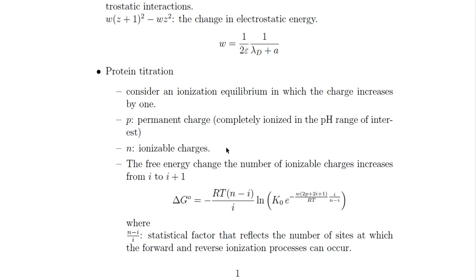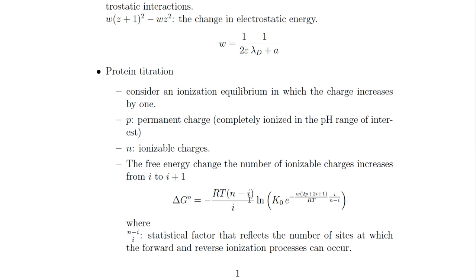So let's say the protein has 4 parts that can be ionized. So we have N equal to 4. So the free energy change when the number of ionized charges increases from I to I plus 1 is equal to this equation. So we can just put N minus I. We have N, let's say 4, the first side chain, the second side chain, the third side chain.